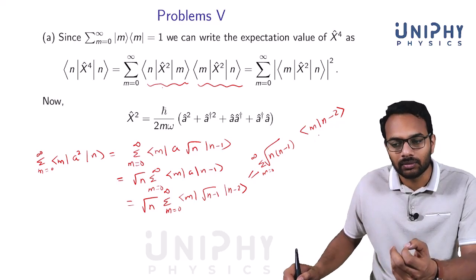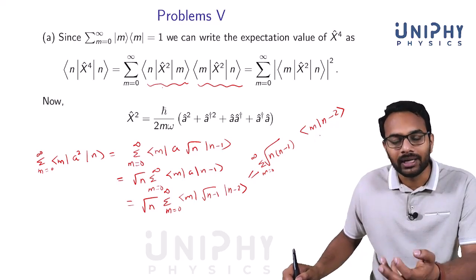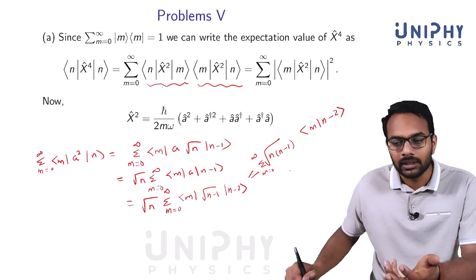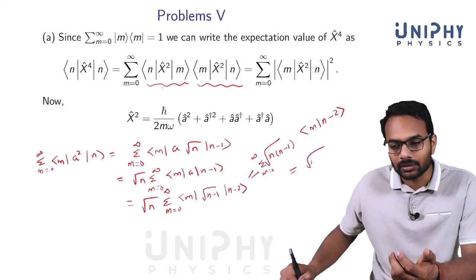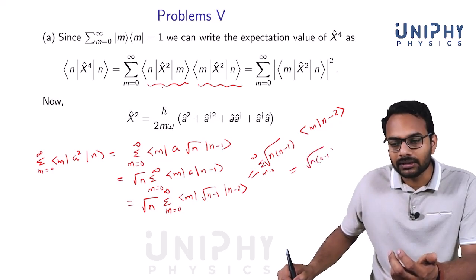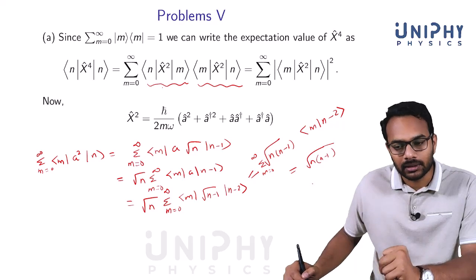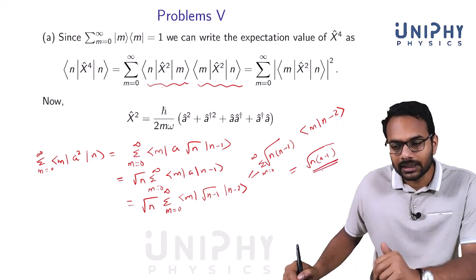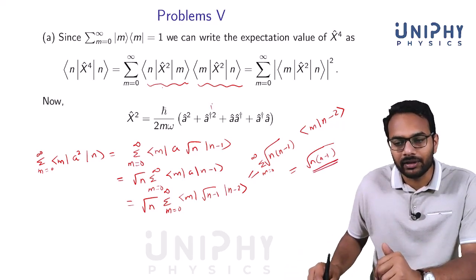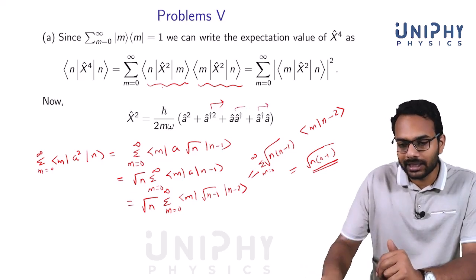So there's only one contribution, when m equals n−2. That means the answer here is square root of n(n−1). In the same way we can find the terms for a dagger squared, a dagger a, and a a dagger. So we write it down in this form.